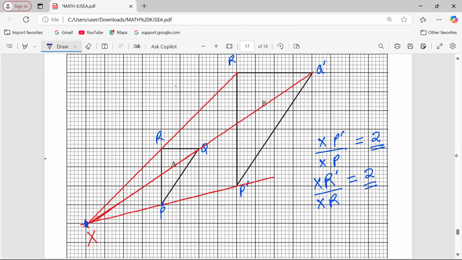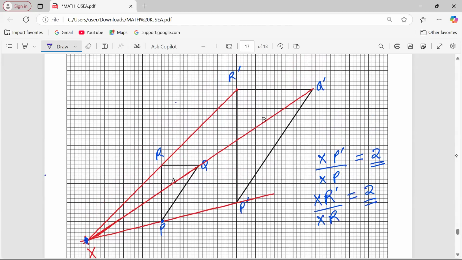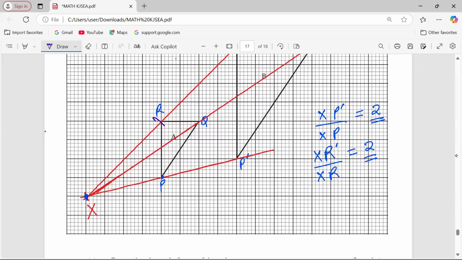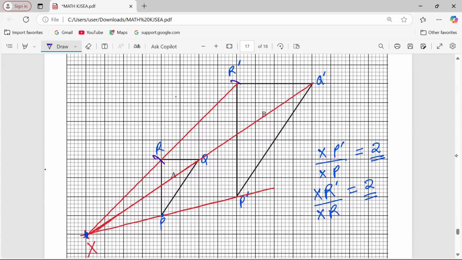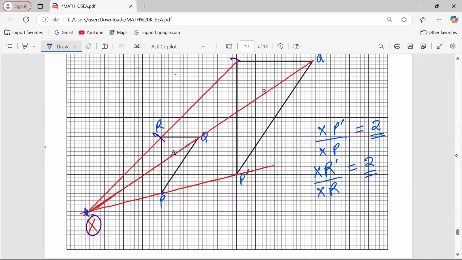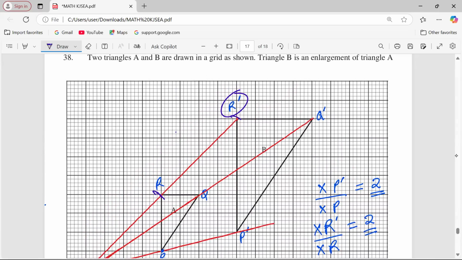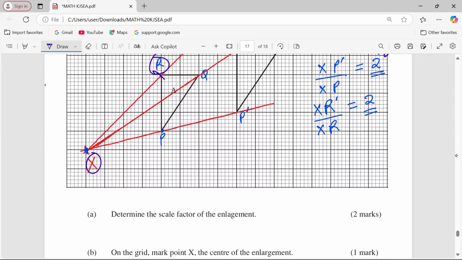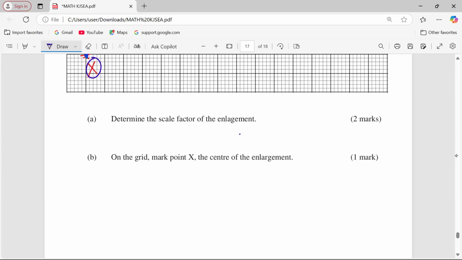From X to R prime, we move 1 twice, and from X to R, it's just once. So the distance from X to R prime is twice that from X to R. Therefore, the scale factor is 2.